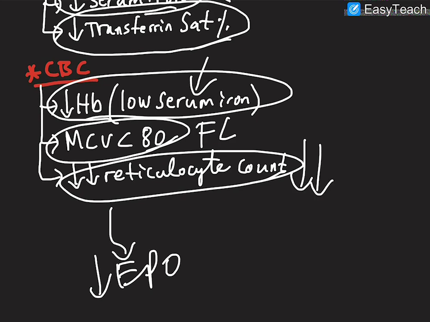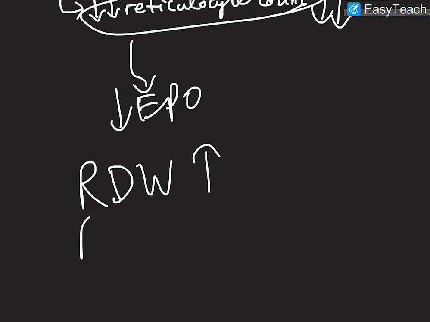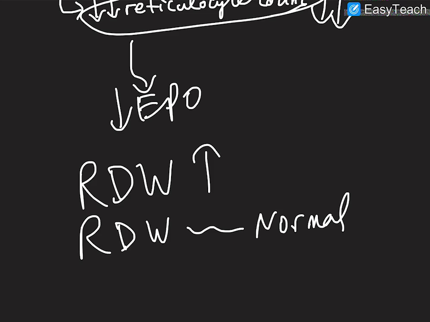All right, and then when we compare red cell distribution width, remember in iron deficiency anemia, we said the RDW was high. But in anemia of chronic disease, it's most likely that the RDW will be normal. Okay, so that's important to keep in mind also. All right.